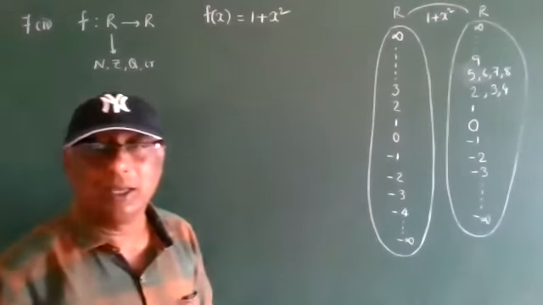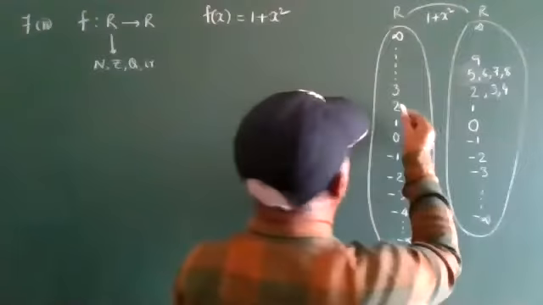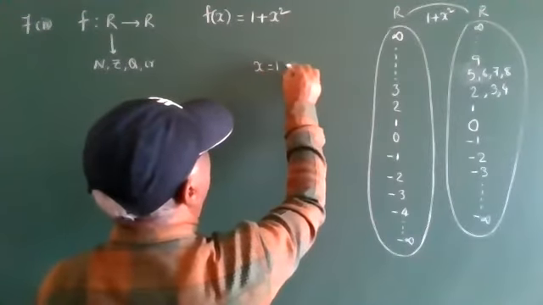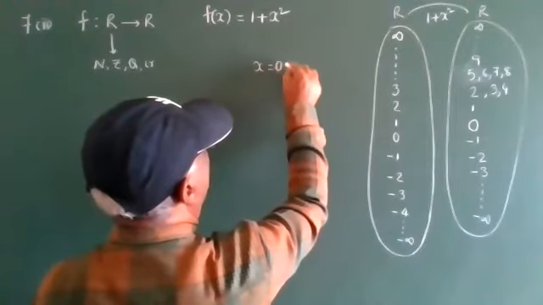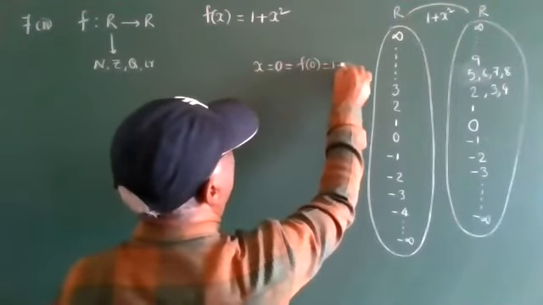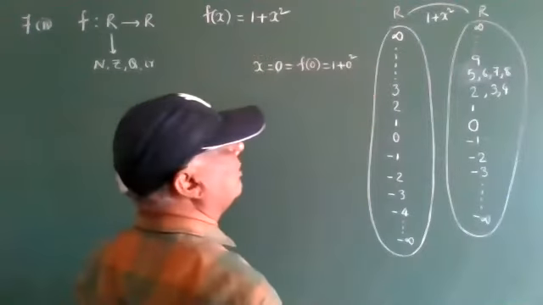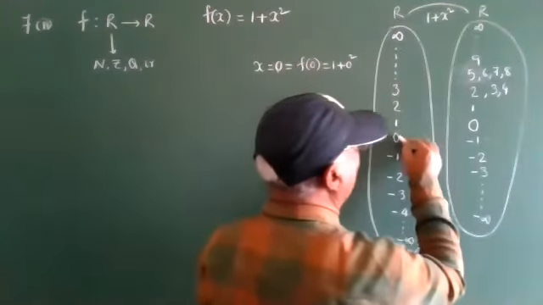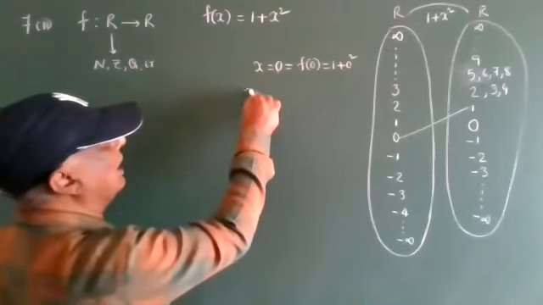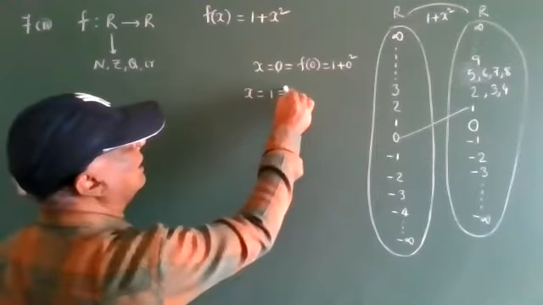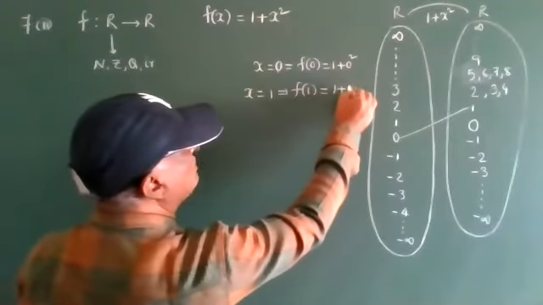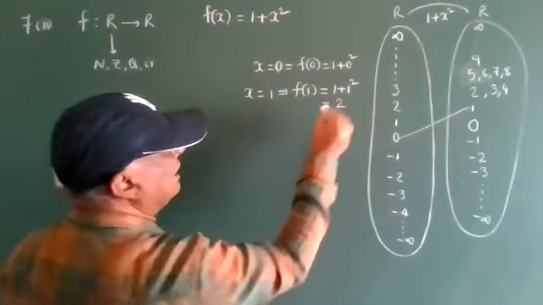Okay, now see, everyone observe. Here x is equal to 0. f of 0 is 1 plus 0 square, which is 1 only. Next, x is equal to 1. f of 1 is equal to 1 plus 1 square, and that value is 2.